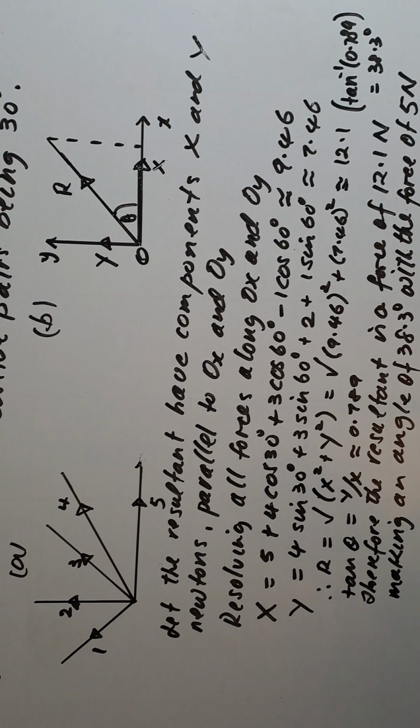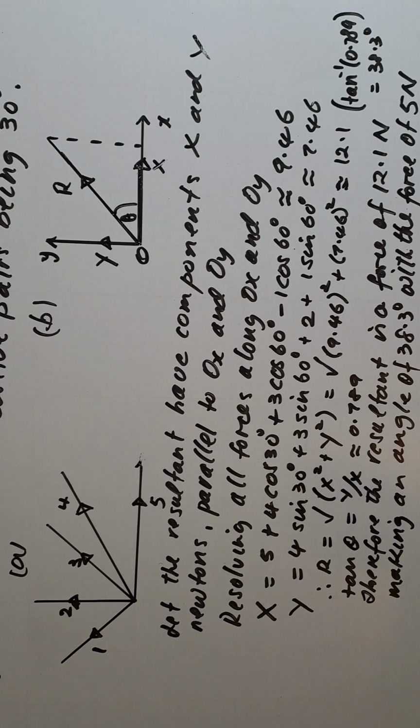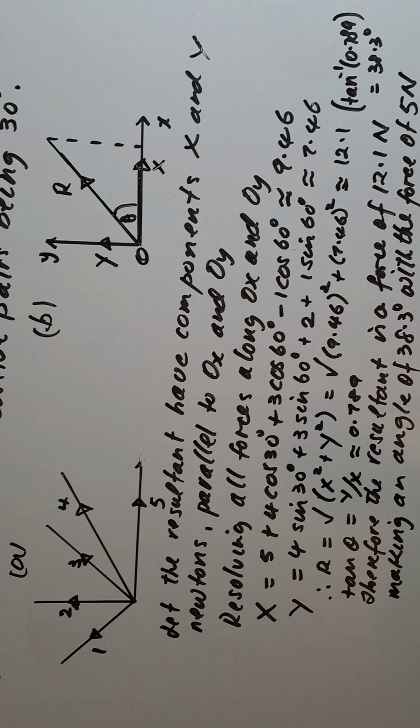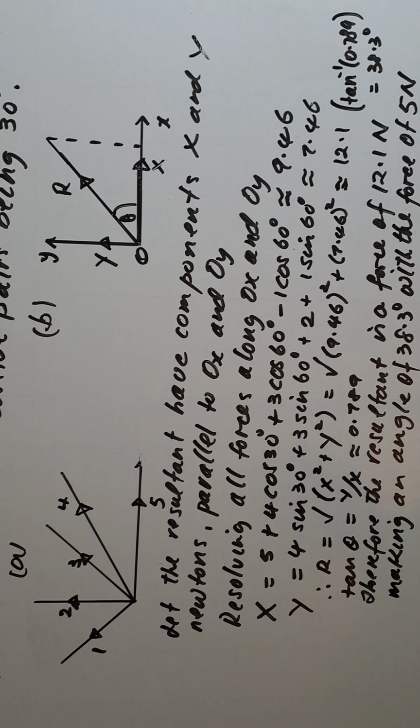We found, using Pythagoras' theorem, the resultant being 12.1 newtons, and we found an angle theta being 38.3 degrees. Our conclusion is that therefore the resultant is a force of 12.1 newtons, making an angle of 38.3 degrees with a force of 5 newtons.